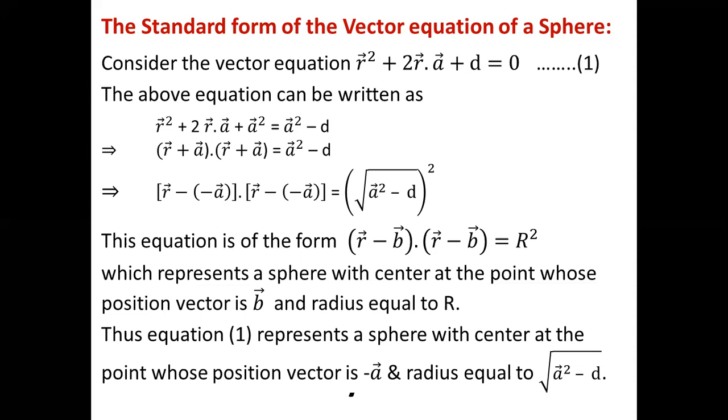So we can say that equation 1 represents a sphere with the center at the point whose position vector is −a and radius equal to √(a² − d). This is the standard form of the vector equation of a sphere.